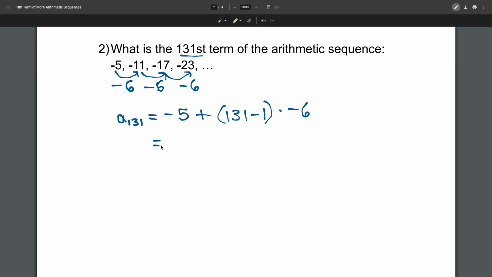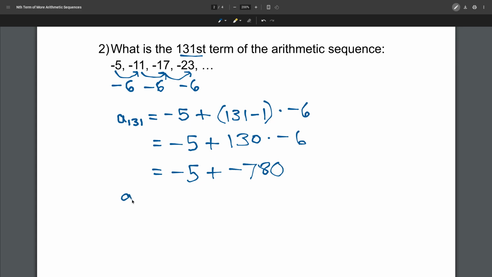So this is going to be negative 5 plus 130 times negative 6. When I multiply 130 by negative 6, I get negative 780.